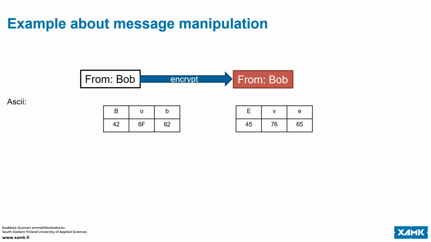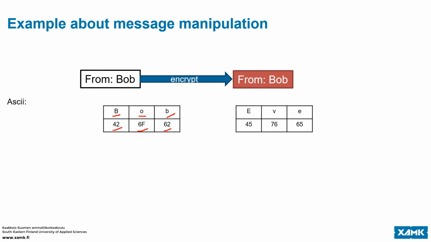If we presume that this text was encoded using ASCII coding, the plaintext message would read something like this. The capital letter B corresponds with ASCII code 42, lowercase o corresponds with 6F. This is of course a hexadecimal number. Lowercase b corresponds with the number 62 in ASCII.